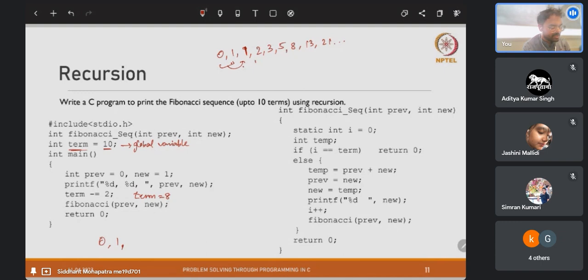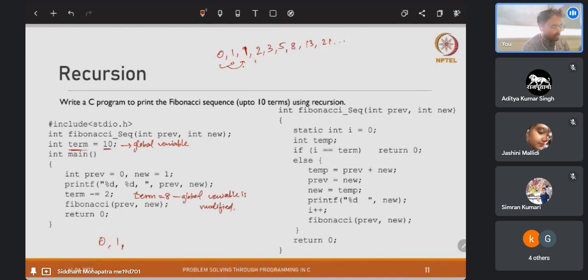This is because term is a global variable and we have not defined any more variable with the identifier term inside main. This is the same global variable that has been modified. So here the global variable is modified.